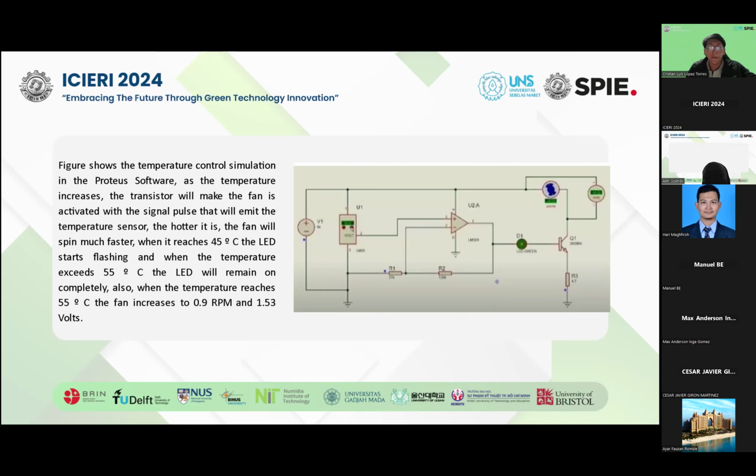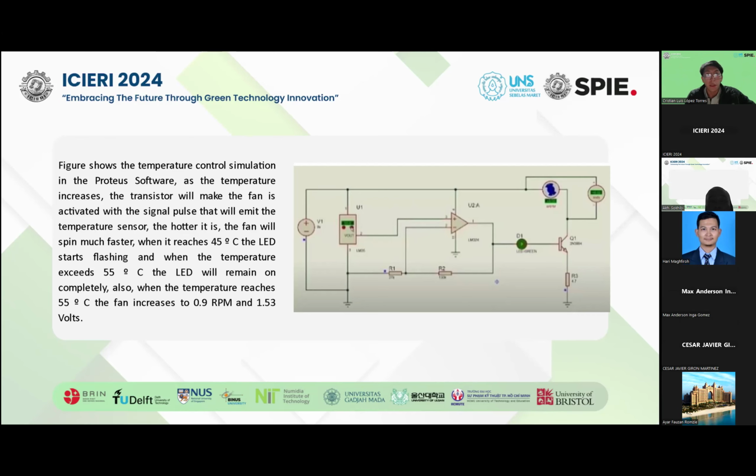At 55 degrees, the LEDs remain solid and the fan operates at full speed to cool down the system. These features ensure critical components like the motors and punch are protected from overheating.